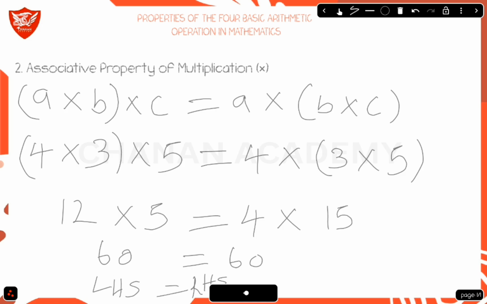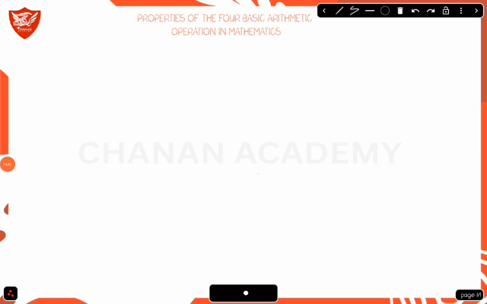Alright, so let's move to the next one. The next one we'll look at is the associative property of division. So let's check if division has associative property.